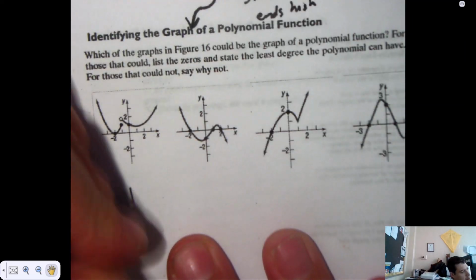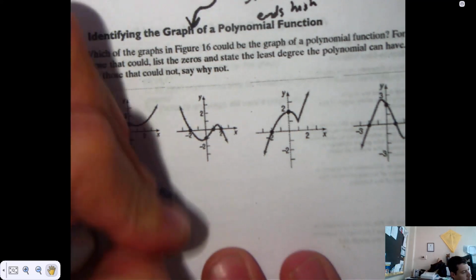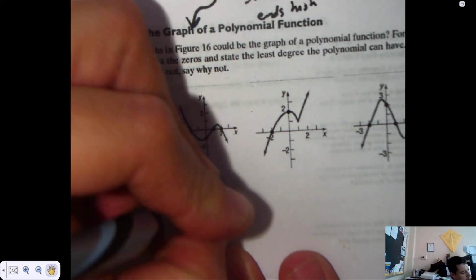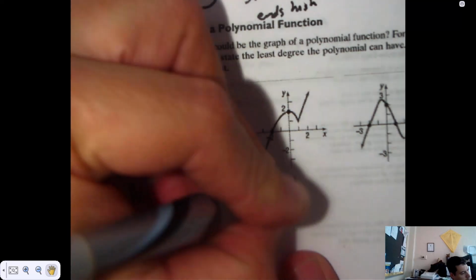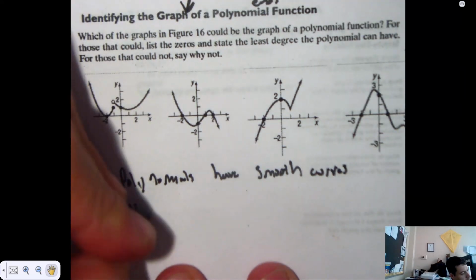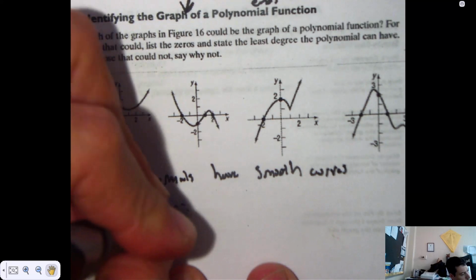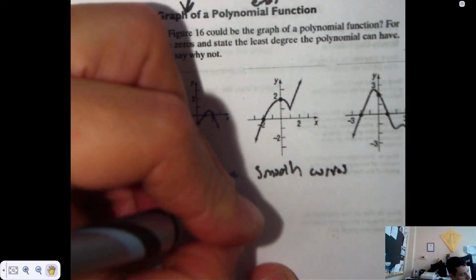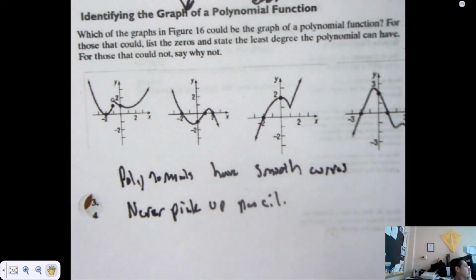You're kind of supposed to remember this, but polynomials have smooth curves. Smooth curves, and you never pick up your pencil. If you got to stop, it's not a polynomial, unless you're stopping to think about crossing or touching when you're drawing. You don't pick up your pencil and leave a gap.